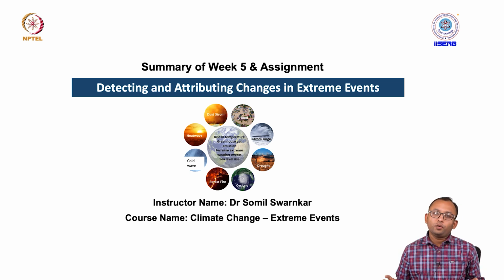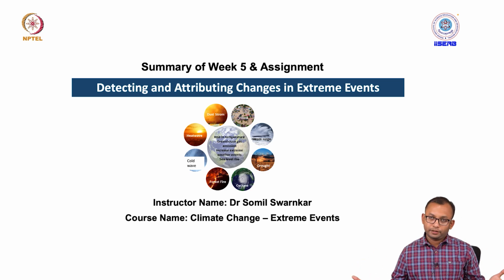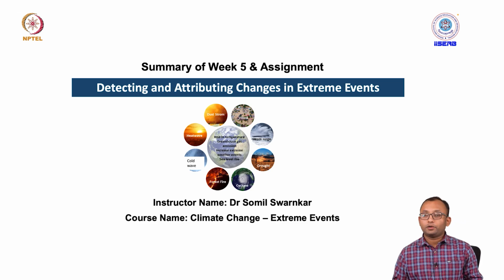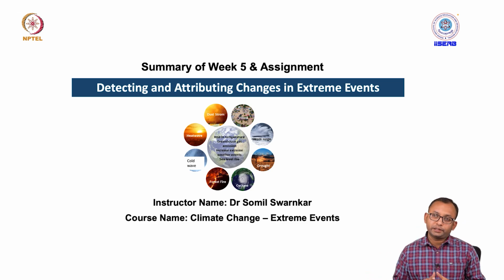So, we are trying to look at whether we have any changes in temperature, rainfall or any other meteorological parameter that can be attributed to, let us say, climate change processes, or human induced processes, or natural variability processes.